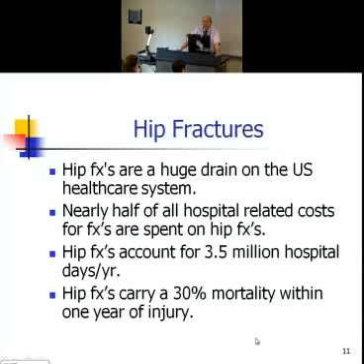All the other fractures, patients don't necessarily have to be admitted to the hospital. You can either do a closed reduction and put them in a cast and send them home, or maybe do surgery if they need a plate and screws, but they can be home in 24 to 36 hours. So hip fractures account for 3.5 million hospital days a year.